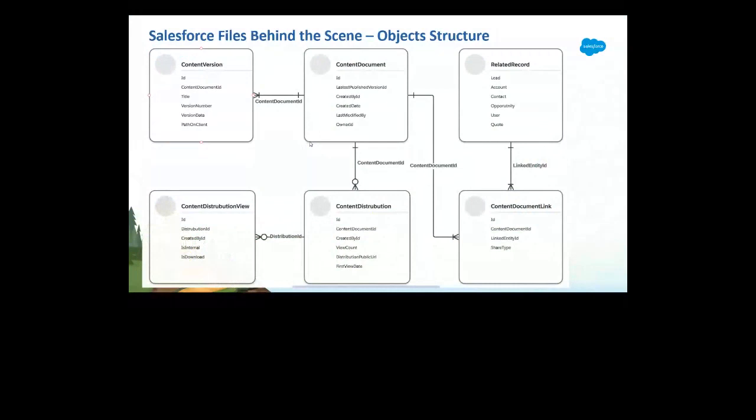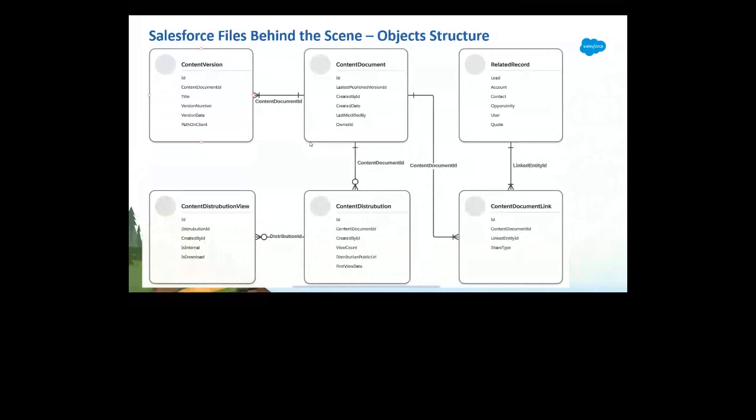So this is the basic object structure. I just wrapped up the basic and major objects which are relevant to content Salesforce files. The parent of all is the content document object.